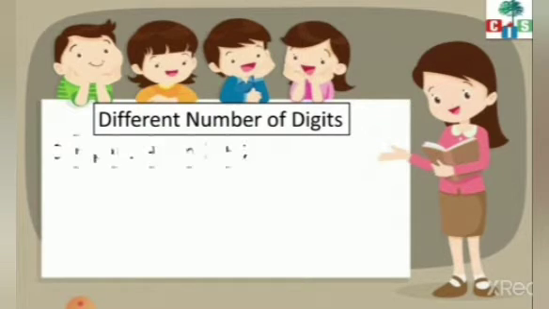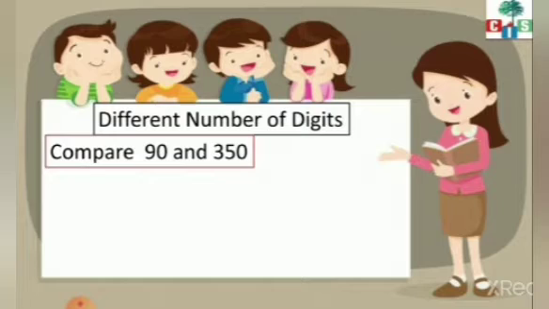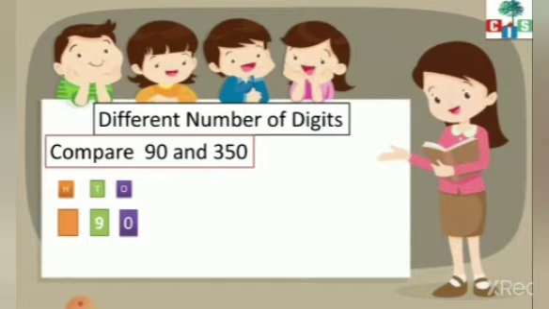Different number of digits. Compare 90 and 350. So let's start. Hundreds, tens, ones. So your first number is 90. We will write it under the correct place value. So in hundreds place, nothing will be there. 9 will be under tens place value and 0 under ones place value. Now let's go to the number 350. Hundreds, tens, ones.